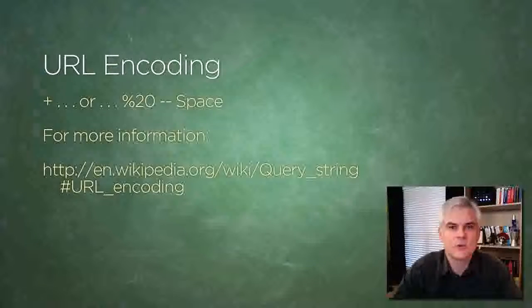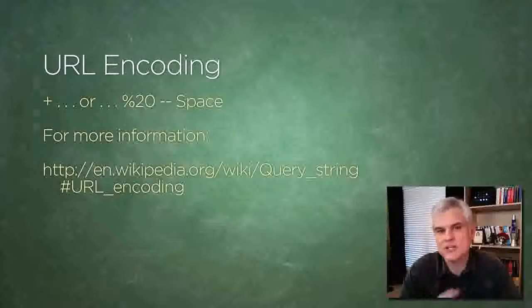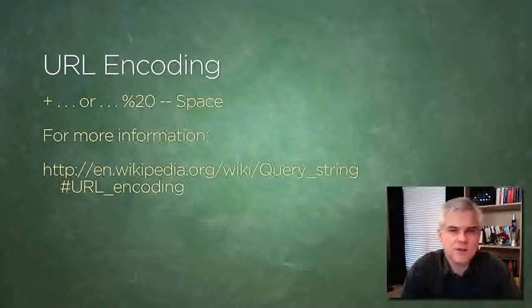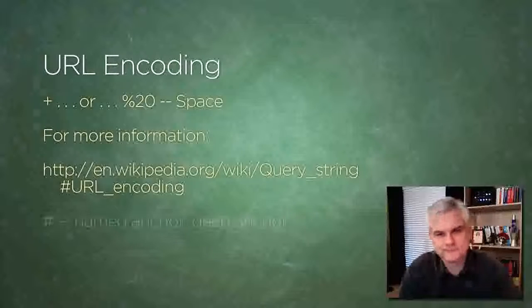In this case, we're representing a space character with the 20. Now, there are dozens and dozens that you can find in any reference for URL encodings, but only a handful are really used frequently. So what I'd encourage you to do is just search for the term URL encoding in Bing.com, or check out the Wikipedia article that you see here on the screen for more information about URL encodings.